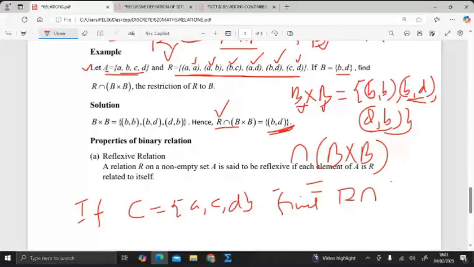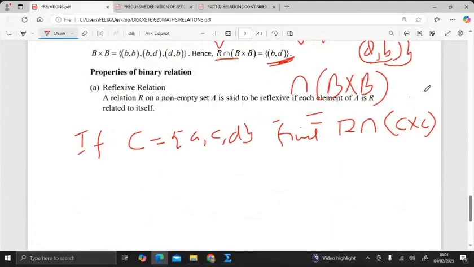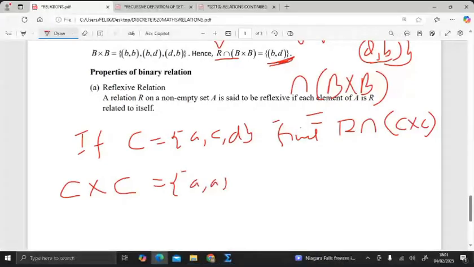Suppose, as an example, C is equal to ACD, right? Then you're asked to find the restriction of R to C.